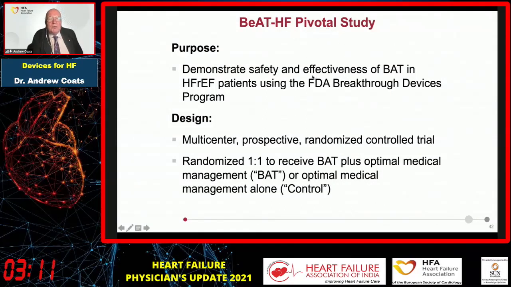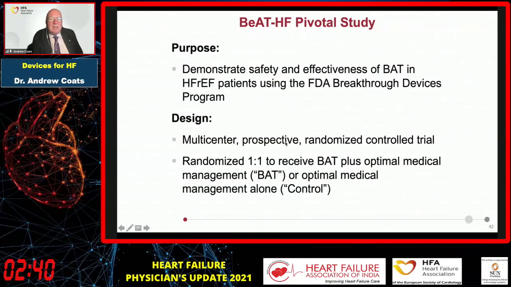It also was a trial that was approved by the FDA through their new Breakthrough Devices program that's specifically designed to encourage more development of devices in what are called orphan indications where there is no other effective treatment. So in heart failure, although we have many drugs, there is no treatment to modify sympathovagal imbalance directly. So this baroreflex activation therapy was approved for an FDA breakthrough device design.